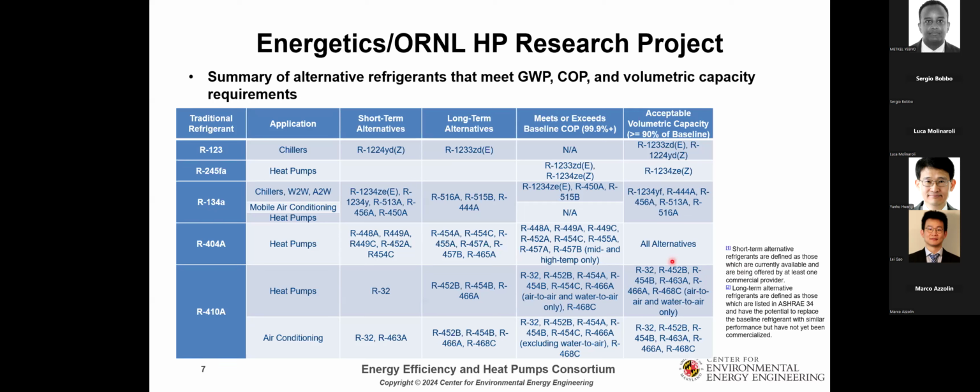The short term here represents refrigerants that are available and being offered by at least one commercial producer. And the long-term alternative refrigerants are defined as those which are listed in ASHRAE Standard 34 and have the potential to replace the baseline refrigerant with similar performance but are not yet commercialized.